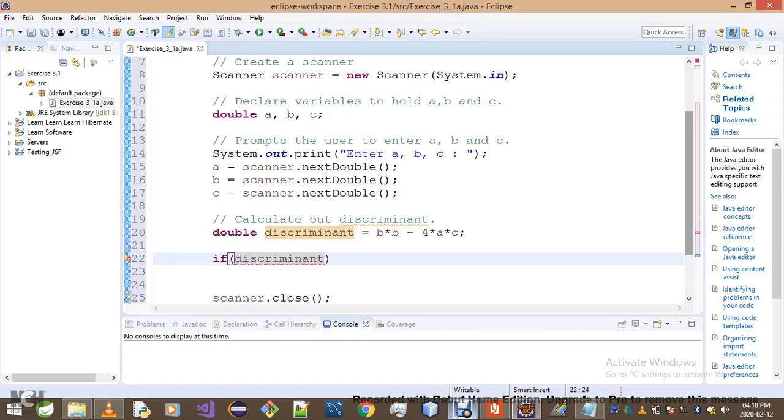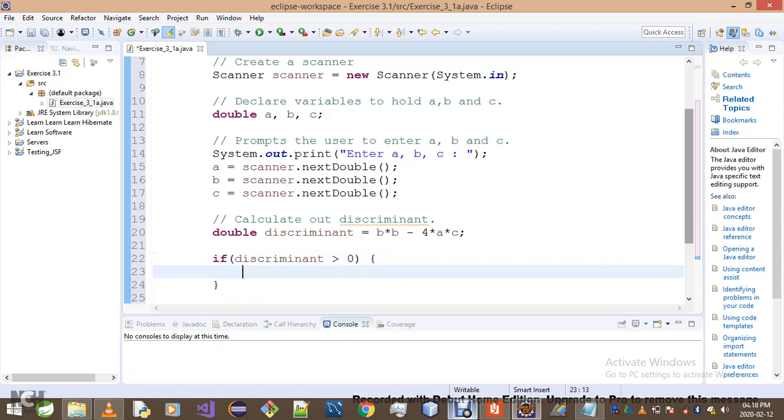Okay, so if discriminant is greater than 0, what is it we say, or rather do? We'll find 2 real roots.